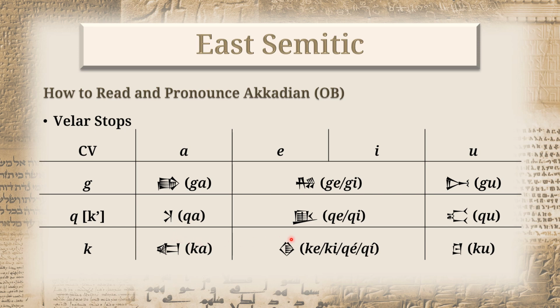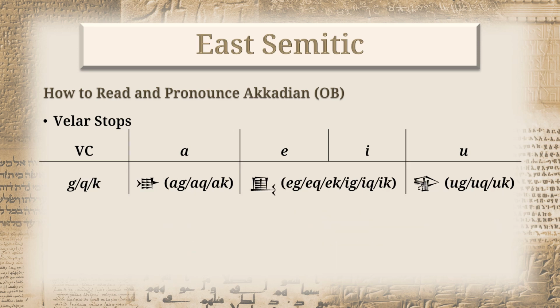Qa, qe or qi, also to be read as ke number 2 or ki number 2, and qu. And this one can be ag, ak, or aq, eg, ek, ig, ik. And finally, this one can be ug, uk, or uq.